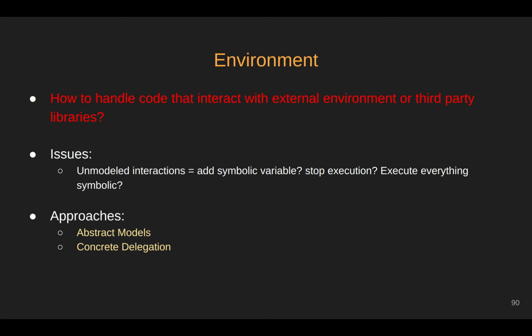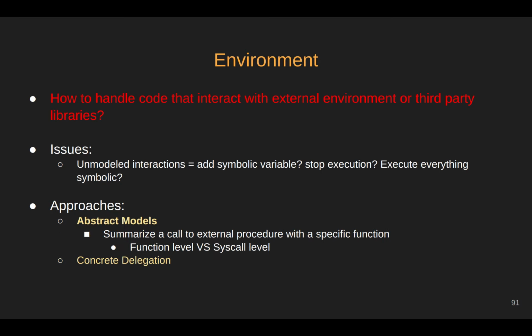Do you remove all the constraints? Or do you execute everything symbolically? There are two approaches as well. Either abstract models, where you model the effects of that interaction, or concrete delegation, where when you don't know what to do, you just go concrete and hope for the best.